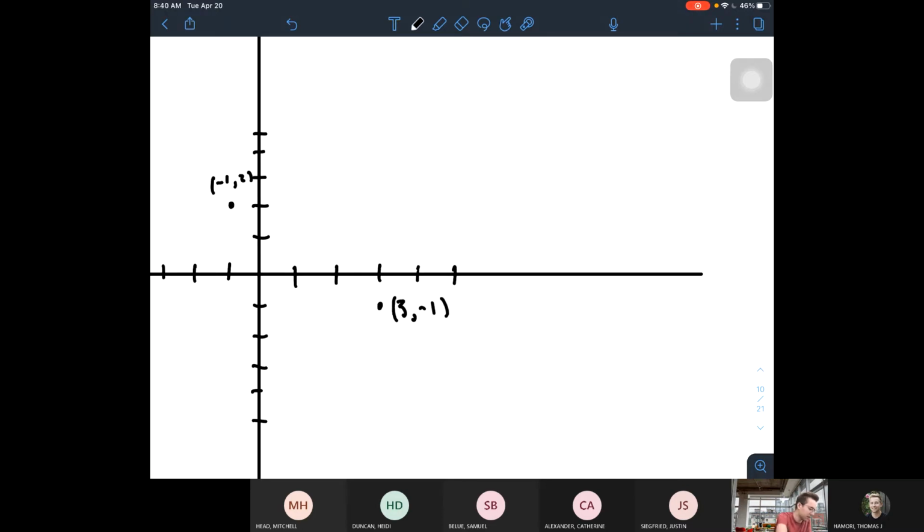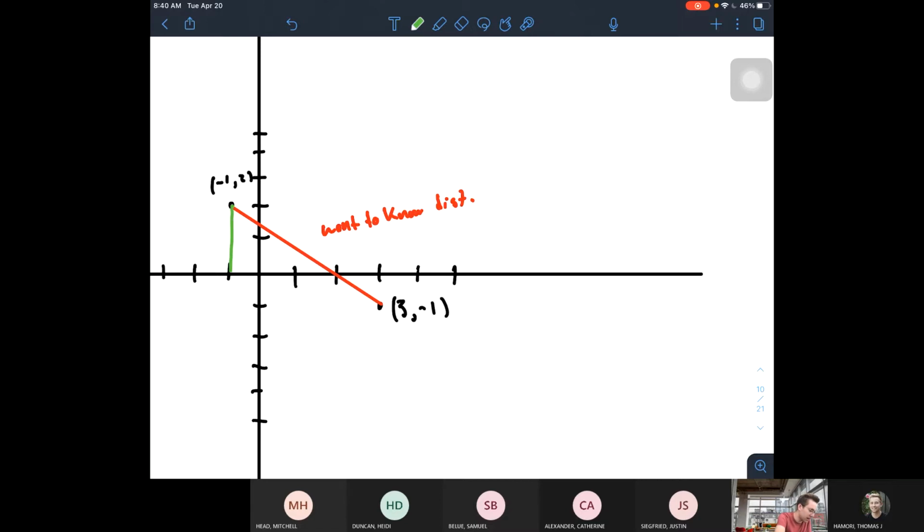And if I want to find the distance between them, so this red line here is what we want to know. We can use the Pythagorean theorem by setting up a triangle.